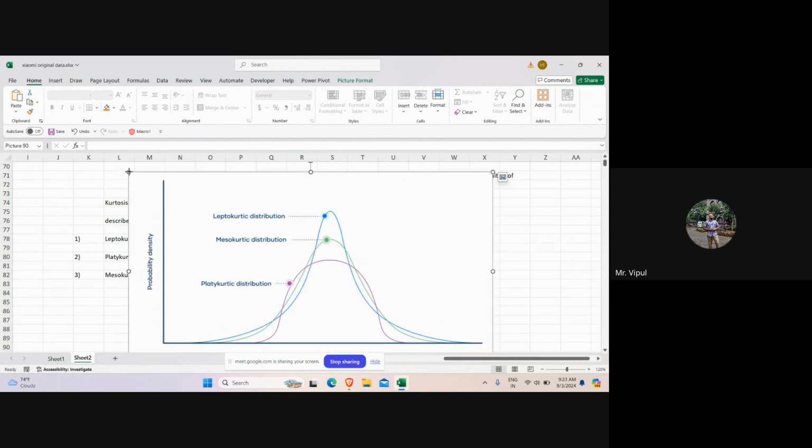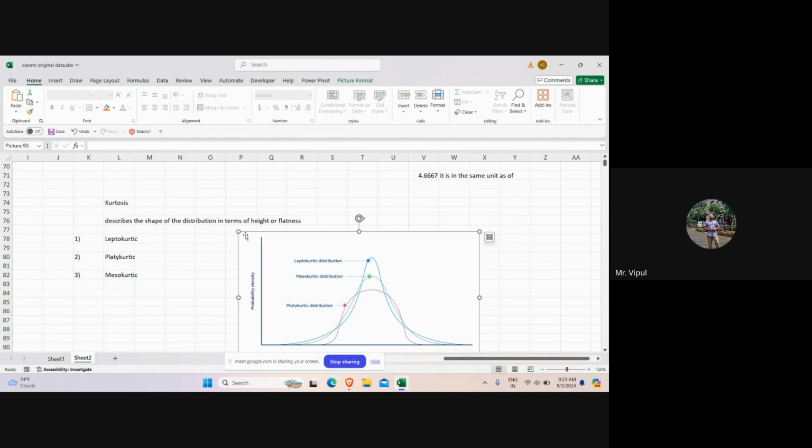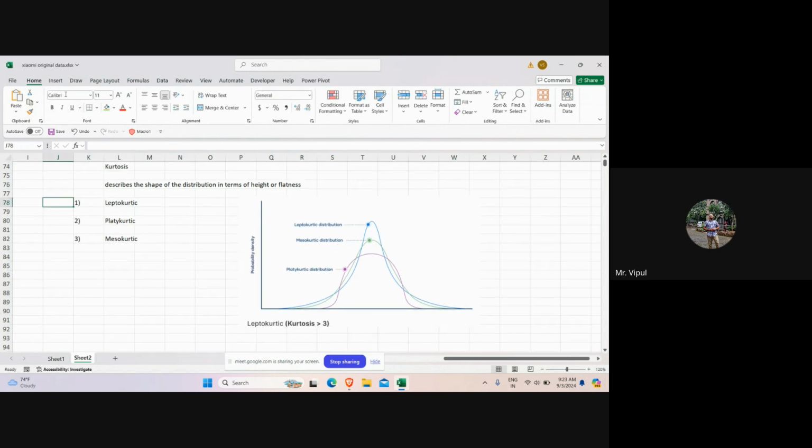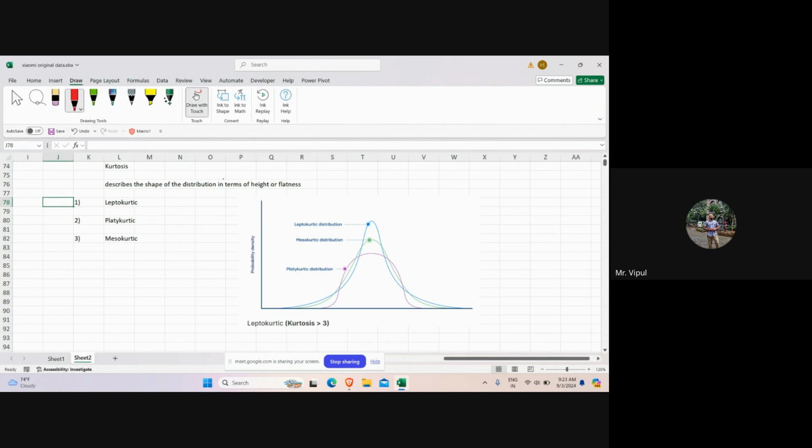See, what is leptokurtic? The one that is the highest, in the sense that its height is greatest. Then mesokurtic is middle, it's always in the middle.